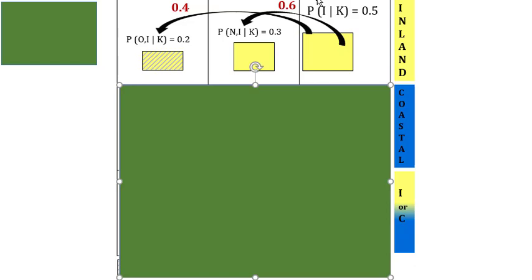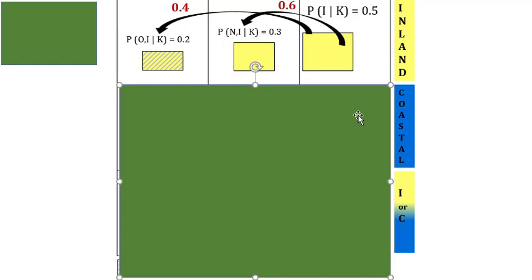They should add to 1, because now we are ignoring the coastal value. We are considering only the landings in inland, that is, the possibility that the drone landed in the inland region.